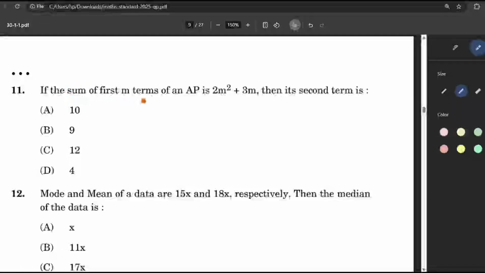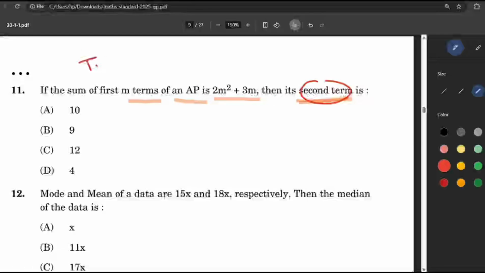If the sum of first m terms of an AP is 2m square plus 3m, then its second term is? So the sum of first m terms is 2m square plus 3m. Here we have to find the second term. We know the relation that the nth term is equal to the sum of n terms minus the sum of n minus 1 terms. So we can use this relation here.